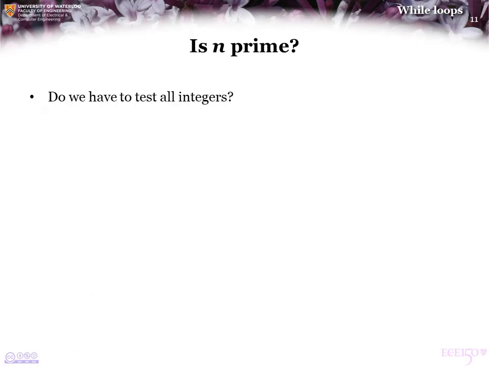Now, in the previous program, we found the remainder of n divided by k for all values of k going from 2 to n minus 1.